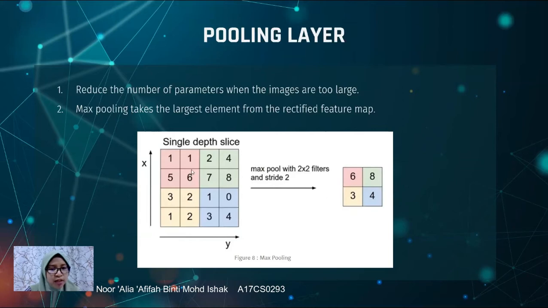The largest element is the number 6, so we choose 6 for the output. The next one is green. We choose the largest element, which is 8. And yellow, the largest element is 3. And blue, the largest element is 4. So this is the output for the pooling layer.